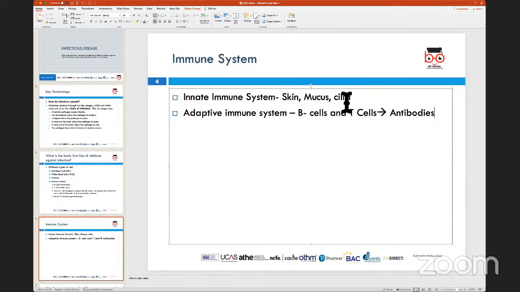And the combination of B cells and T cells starts to then limit the spread of infection by killing the infected cells at the source. And this part of how your body tries to fight the infection through the immune system then provides a much more targeted and specific response.